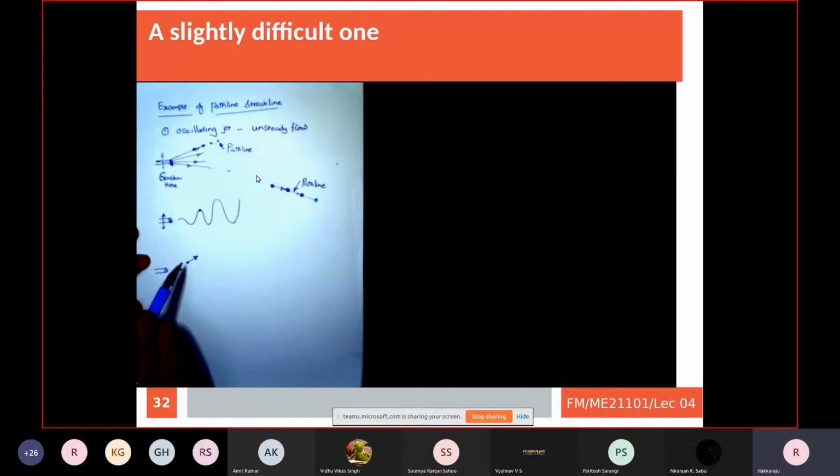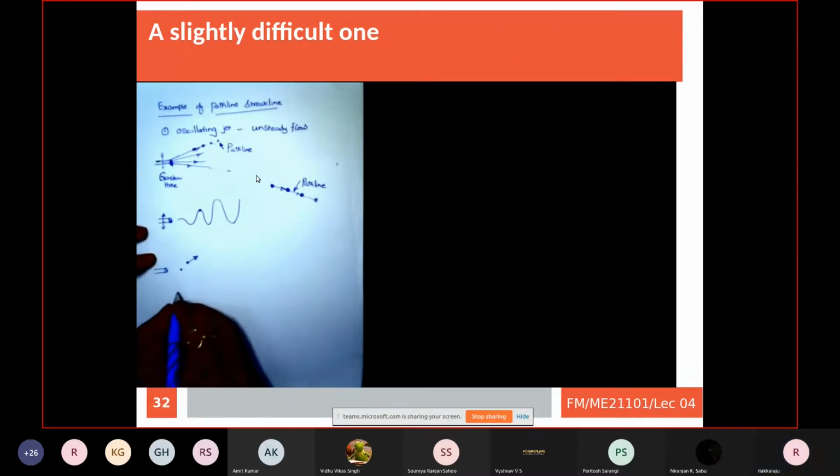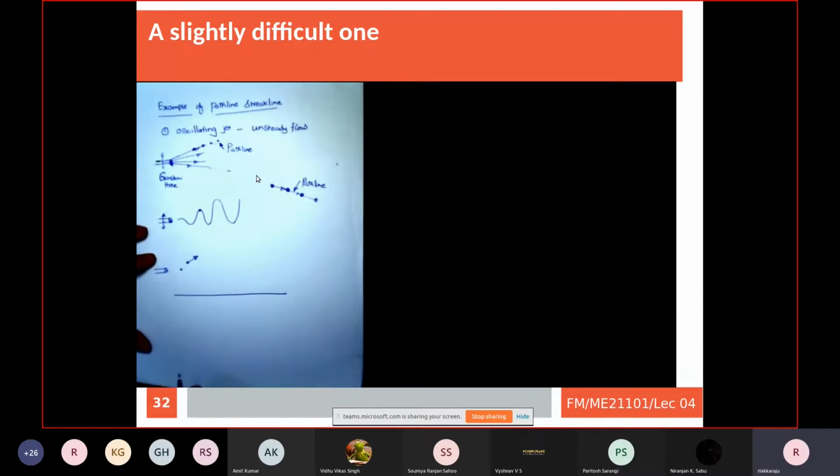Because this garden hose is going up and down continuously, the fluid particles, whatever is released, are sometimes released at this mean line. So if I am drawing with time, one fluid particle might be released at that location. The next instant of time, the garden hose moved to the next location. So the next instant of time, a fluid particle might be released at that location. That means this fluid particle already traveled to that location.